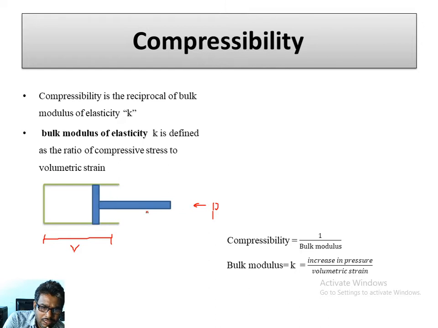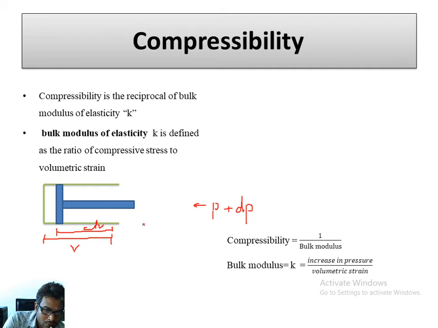As we increase the pressure by a value dP, it changes its volume by dV. So now the volume of gas is V minus dV.